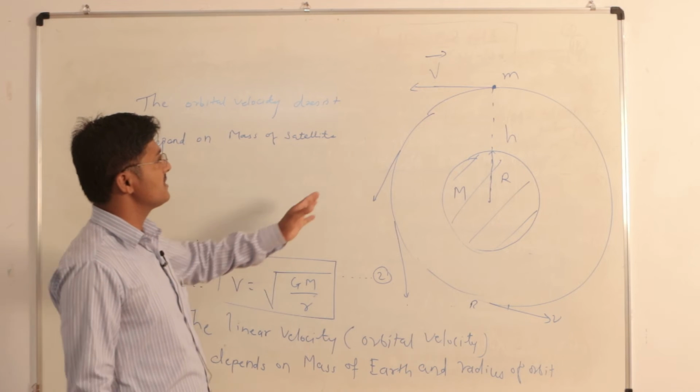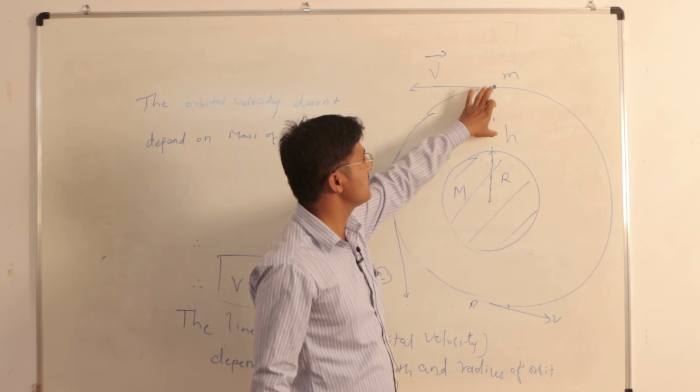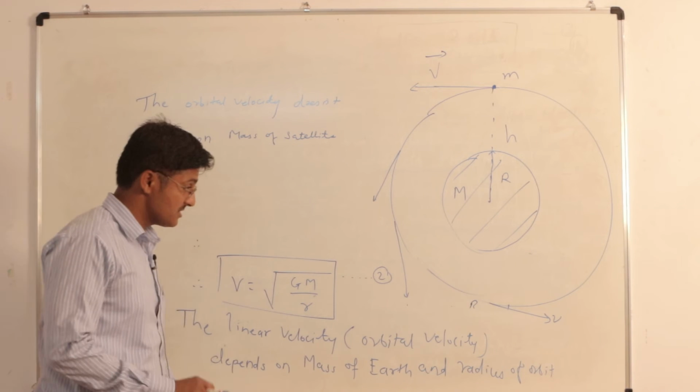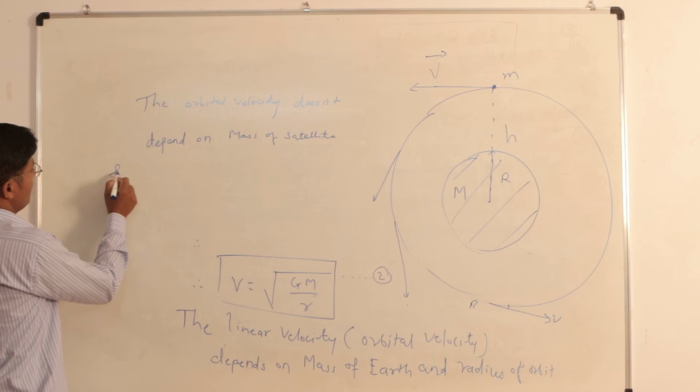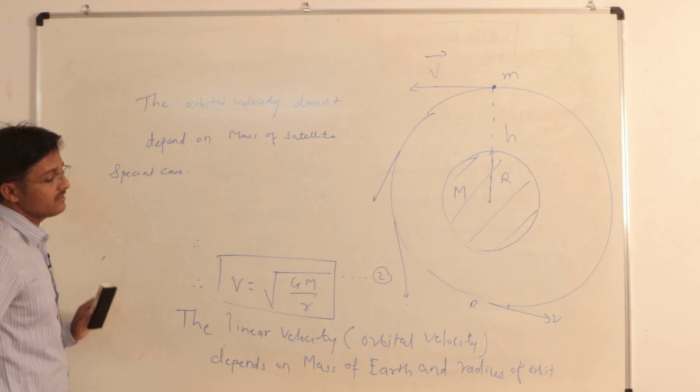Now if I will consider this distance h is very negligible, so I can say when satellite is very close to the earth surface. So this is the special case. What is the special case?